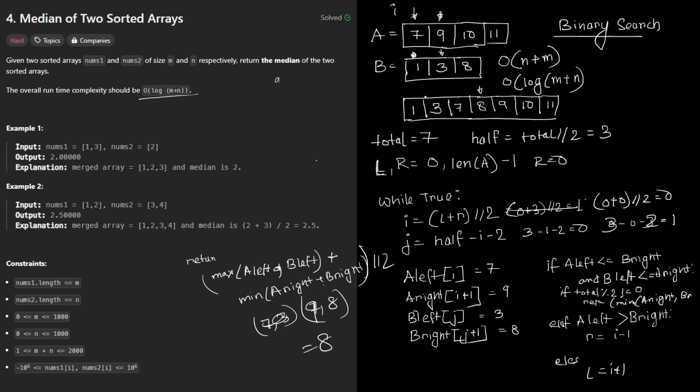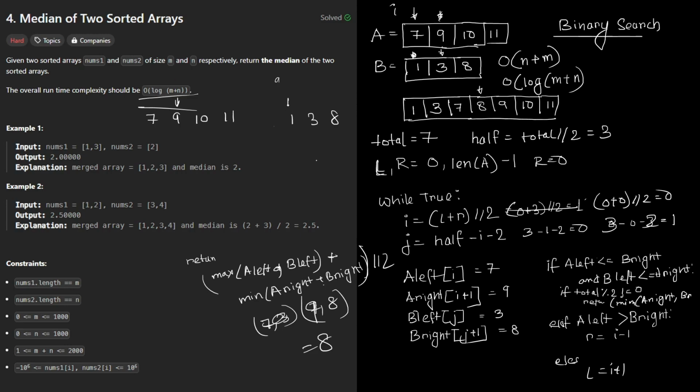So here, if you look into it, it's a very simple way. Let me take this example. These values are there: 7, 9, 10, 11, and 1, 3, 8. Initially, when you divided it up, our pointer was at 9.